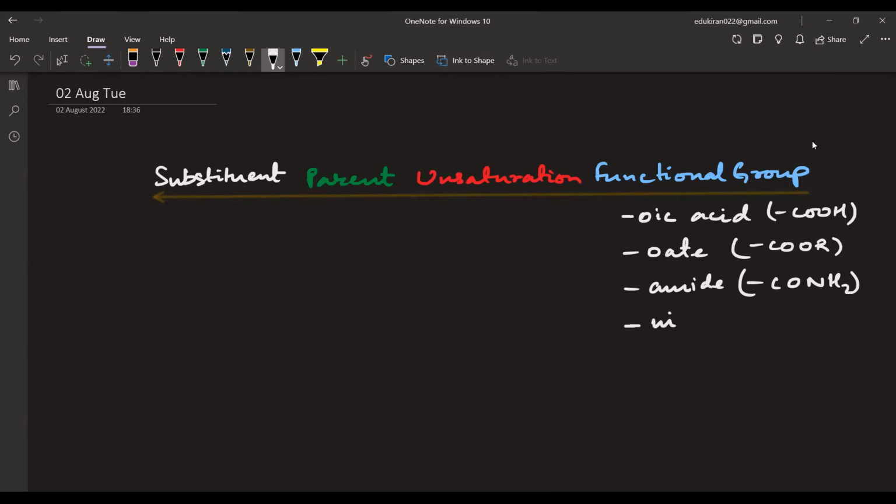Yeah, nitrile, CN. And after that we have what? No, aldehyde comes first. CHO. And then we have one, which is carbon double bond O.